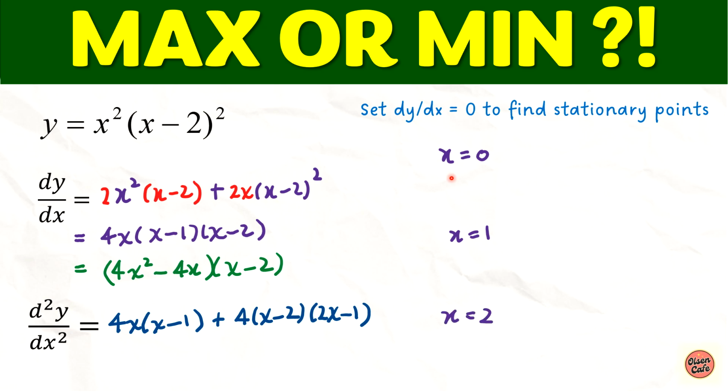With these three turning points, I am going to determine the nature of the points. So I am going to make use of the second derivative. I'm going to substitute the points into my second derivative and see what value we get. So let's take a look at x equals 0.